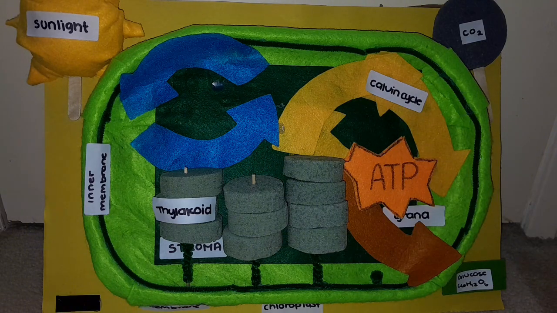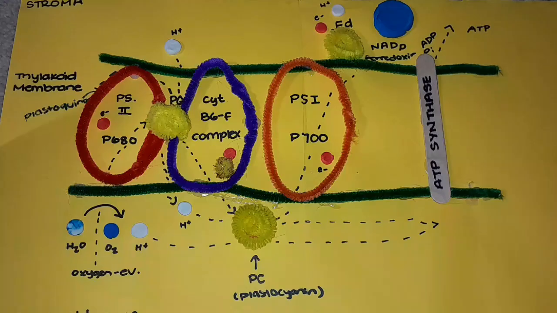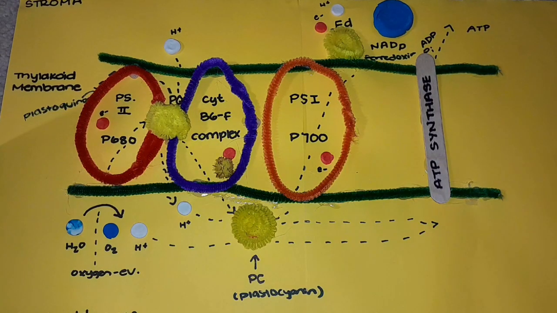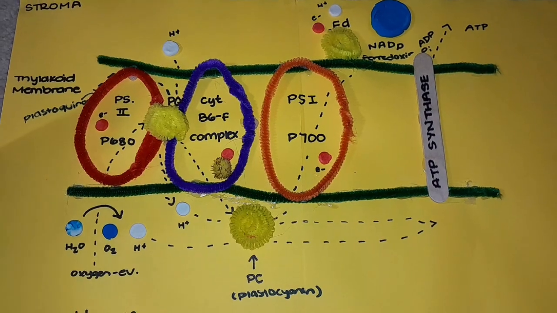Last but not least, regeneration of RuBP: the rest of the G3P molecules are used to regenerate RuBP, allowing the cycle to start over and continue. That concludes our photosynthesis overview, covering the light independent Calvin cycle reactions and the light dependent reactions. Next we're going to go more in depth into the light dependent reactions.